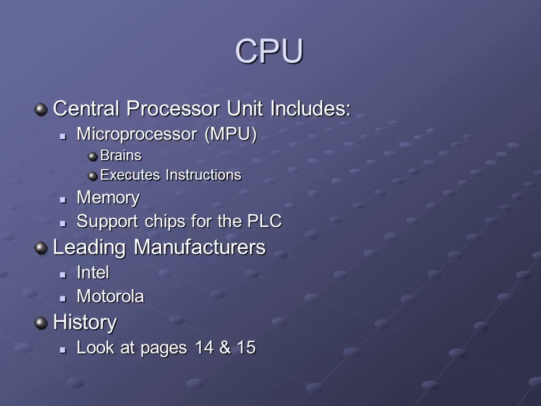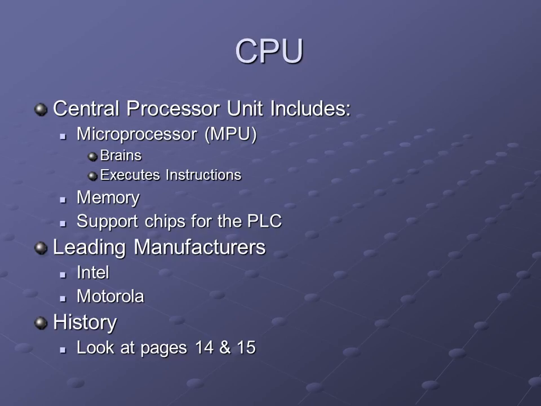And that is your CPU. It basically is going to take care of all instructions. So if I tell that thing to turn on the light 10 minutes after I flip a switch, that's what tells it to do it. Okay? It executes all the commands.